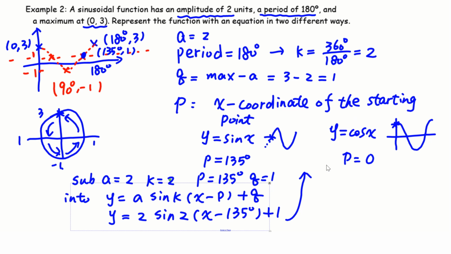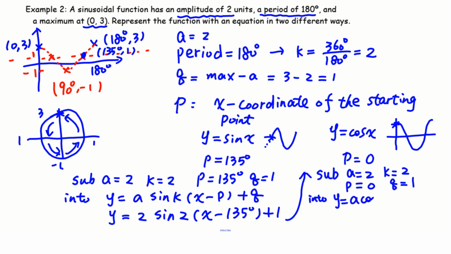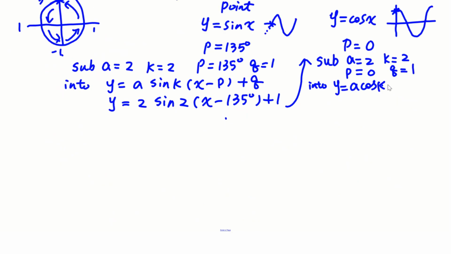And for y equals cosine x, the A, K, Q are the same, but P is different. So sub in A equals 2, K equals 2, but now P is 0, since it's a maximum start, and Q equals 1, into y equals A cosine K bracket x minus P bracket plus Q. This is the general form for a sinusoidal function.